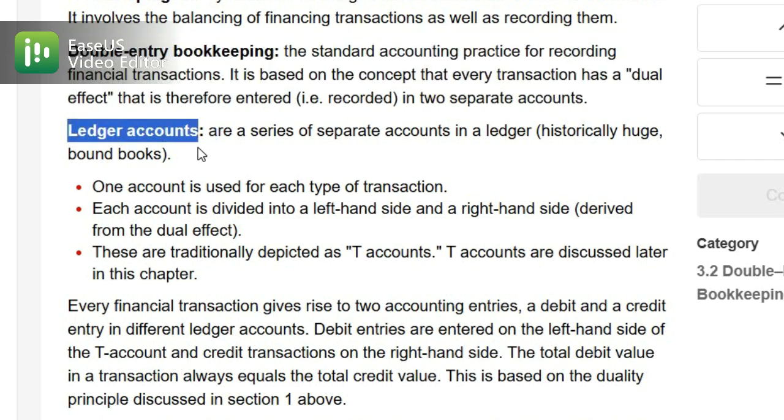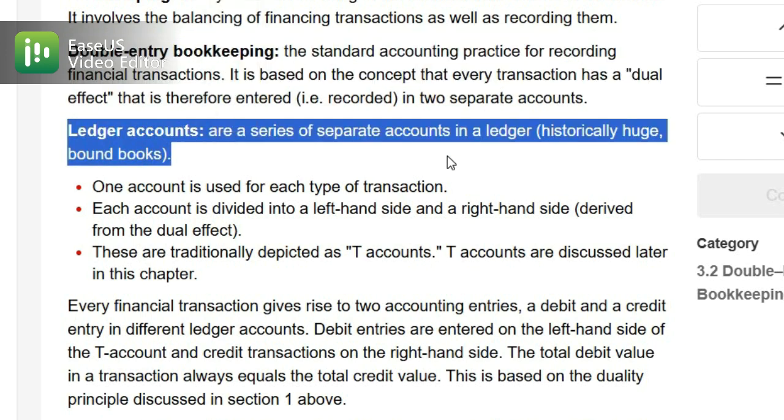Then you have the ledger account. A ledger is a series of separate accounts, historically a huge bound book. If I explain this in simple words, ledger accounts are like separate notebooks for each type of transaction.